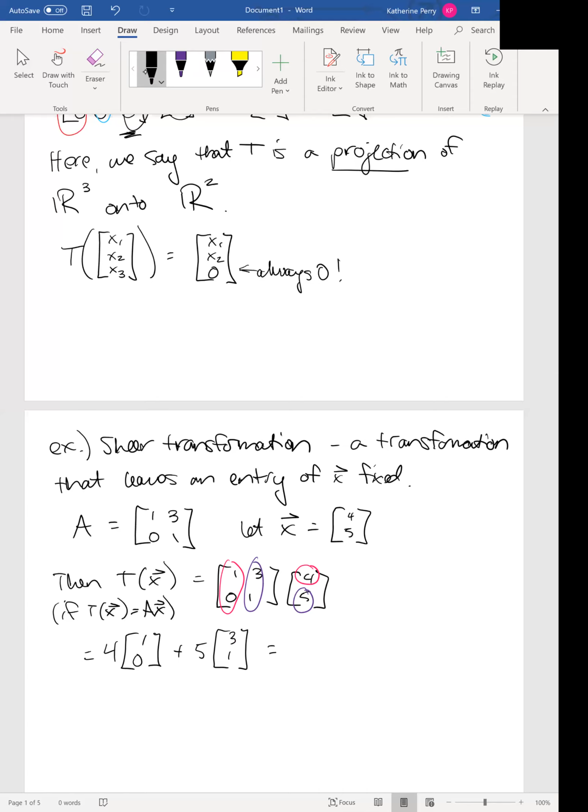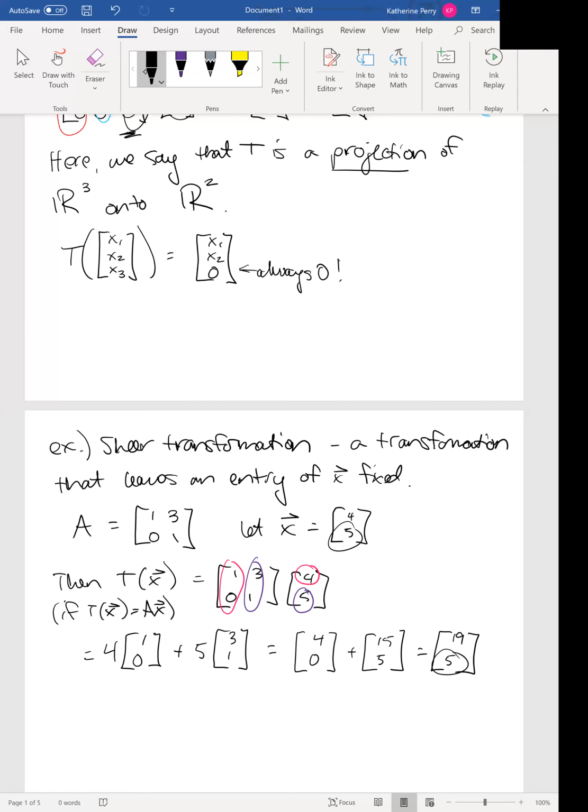And here that gives me 4, 0 plus 15, 5, which is 19, 5. And so we see that the second entries stay the same.